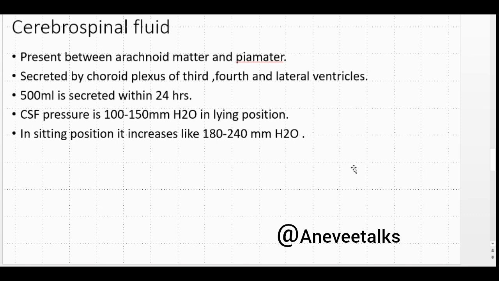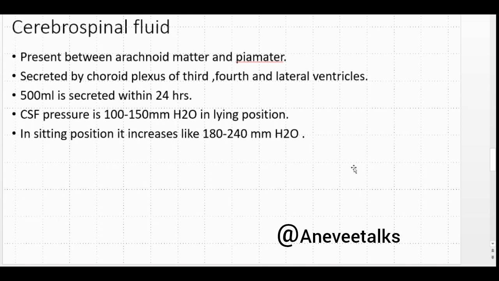When it comes to the pressure of the CSF, as I said, like blood pressure is needed for the blood to circulate, cerebrospinal fluid should also have some pressure to circulate nutrition to the spinal cord and the brain. That is called the cerebrospinal fluid pressure.